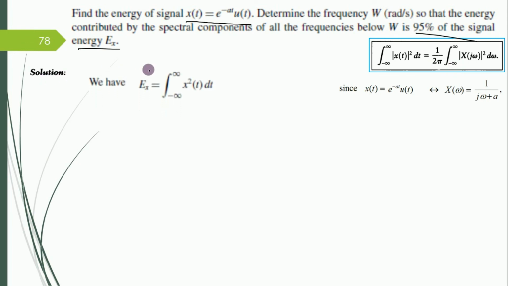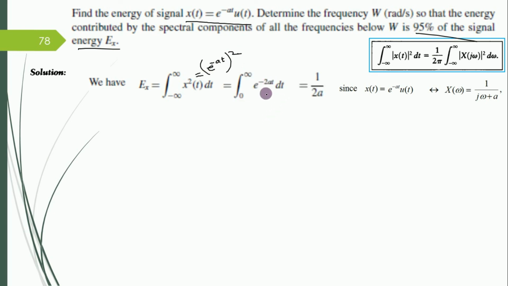Now we have the solution. Ex is the total energy, the integral from minus infinity to infinity of x square dt. So why am I taking 0 to infinity? Because it is u of t. So 0 to infinity, e raised to minus at whole square, that's why minus 2at is taken here.